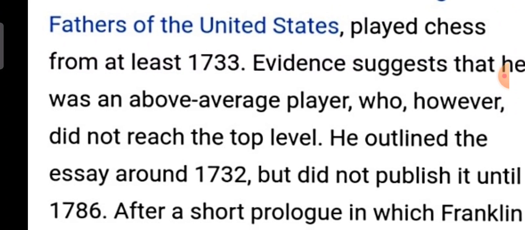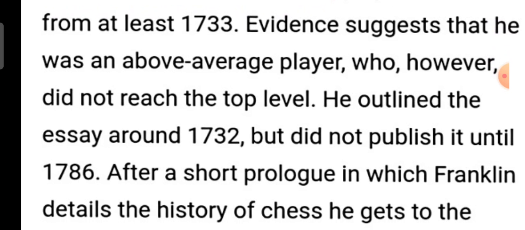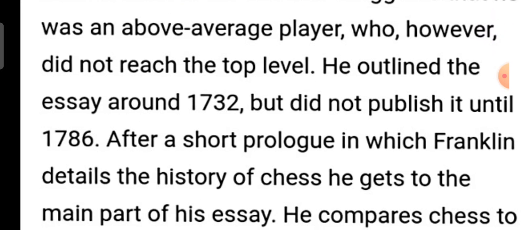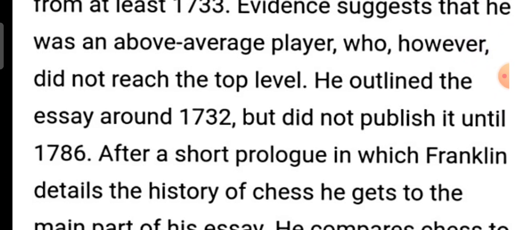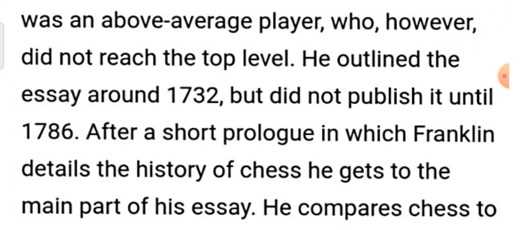He started playing chess from at least 1733, and he did not publish his write-up until 1786, when he was an average player, but he could not reach the top level.